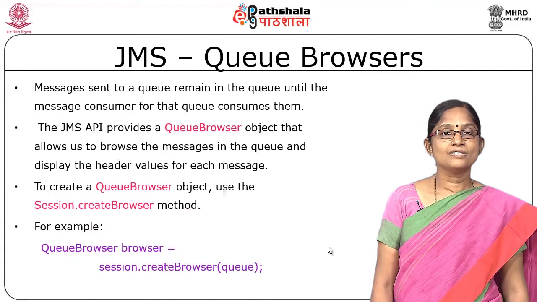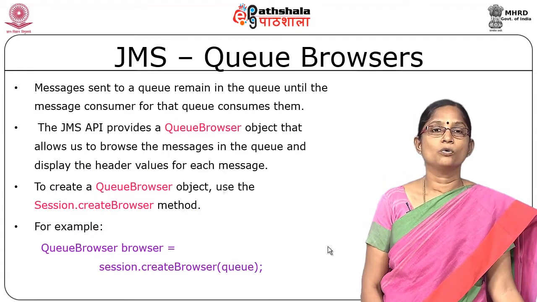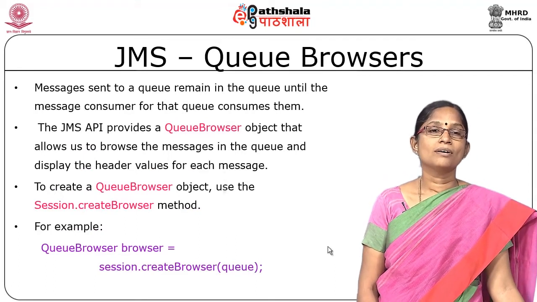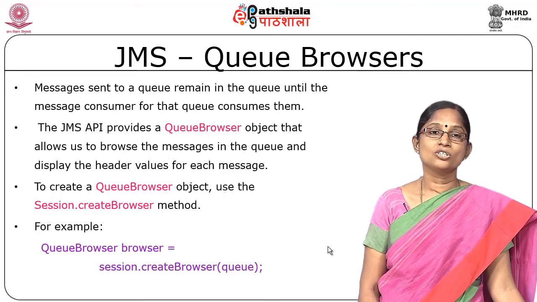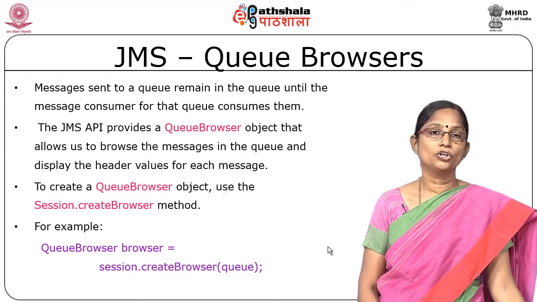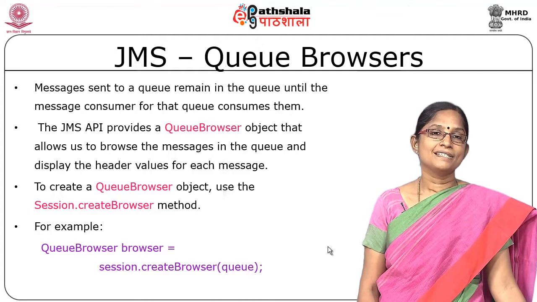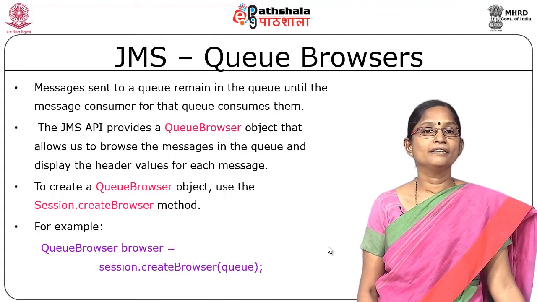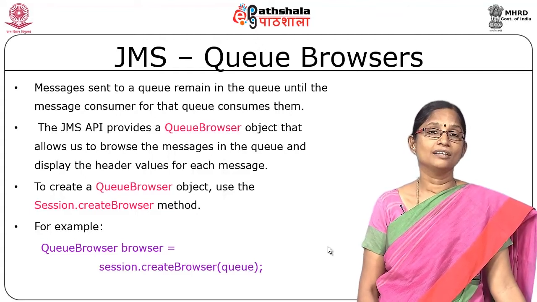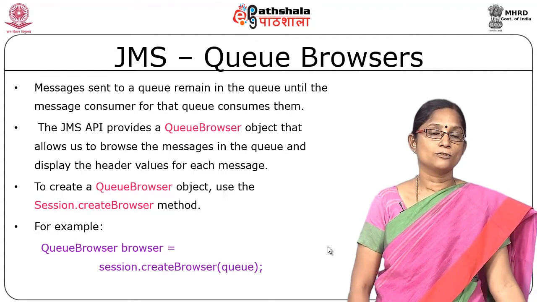Now, the last one of this programming model is going to be the queue browser. So, until this we have seen that the destination is going to make use of either a queue or a topic. The messages sent to a queue remain in the queue. Let us assume that the destination makes use of the queue.